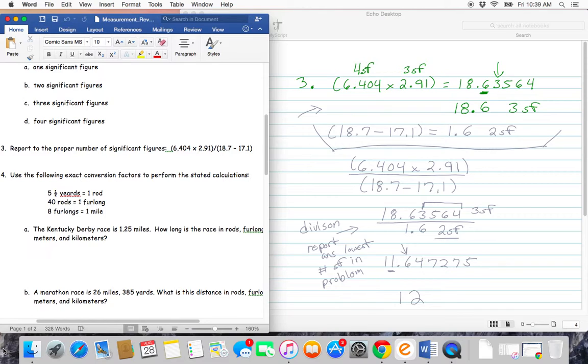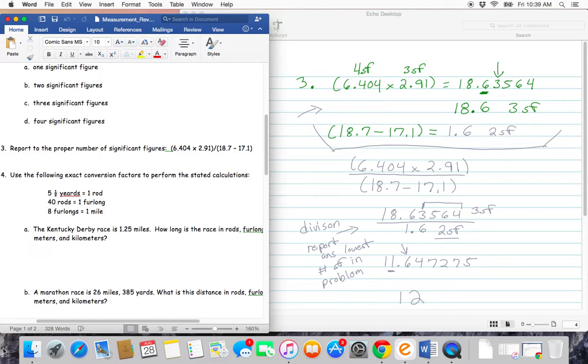All right, now let's look at the other operation. The other operation is parentheses 18.7 minus 17.1. Remember, when dealing with adding and subtracting, our number of significant digits is really only important after the decimal place. The whole numbers, we report after computation, just as you would in any regular addition or subtraction problem.